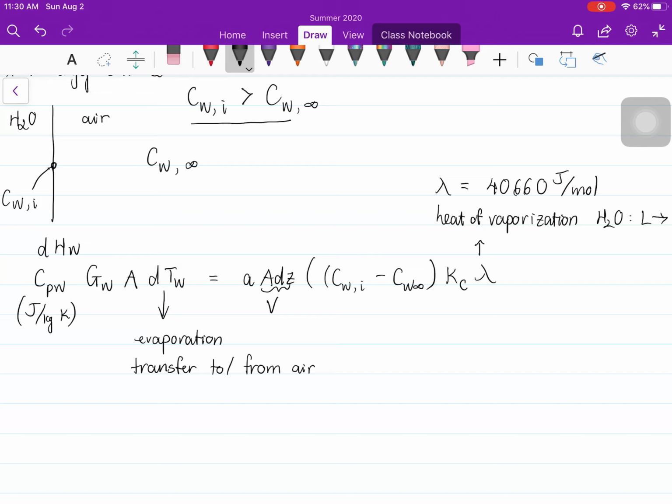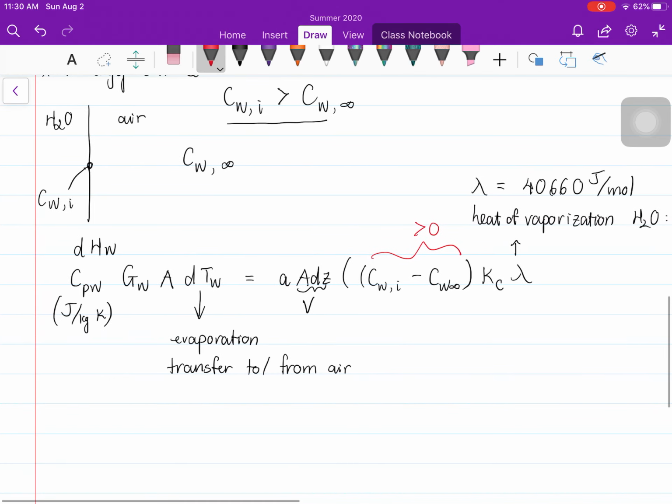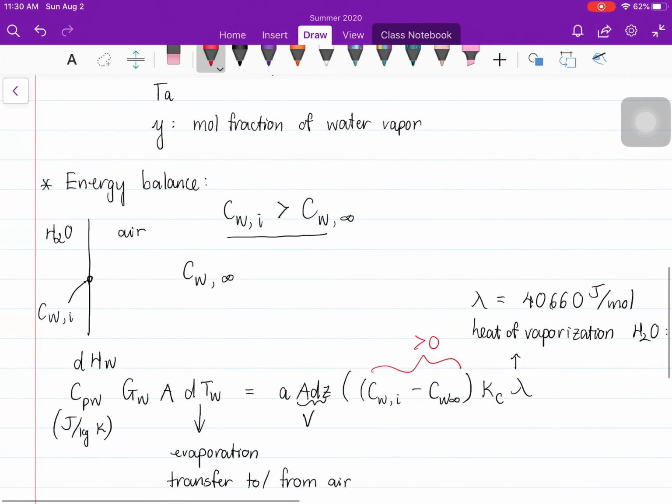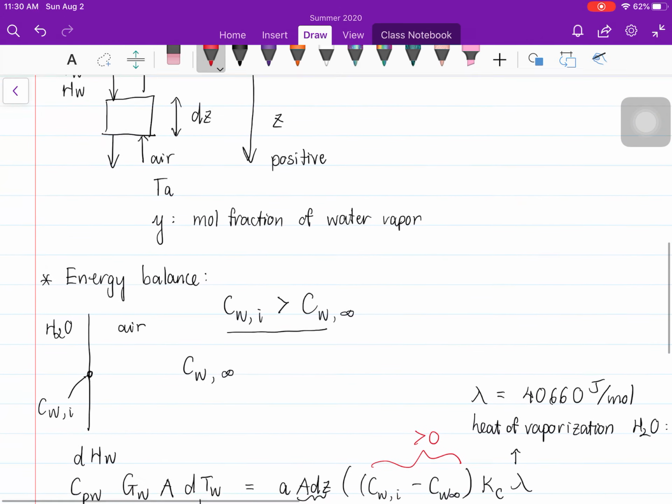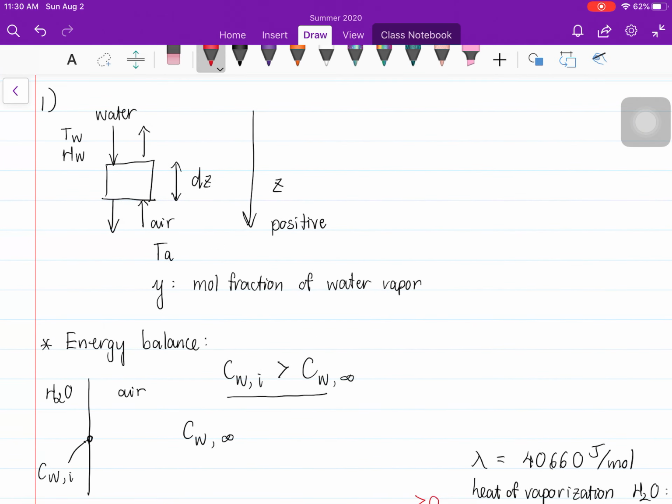And then, as I said here, the concentration of water at the interface is greater than the concentration of water at infinity. So the value of this would be a positive number. So the right-hand side is a positive number, but the left-hand side, because this is a cooling tower, we can easily say that the temperature of water coming out right here is lower than the temperature of water coming in.